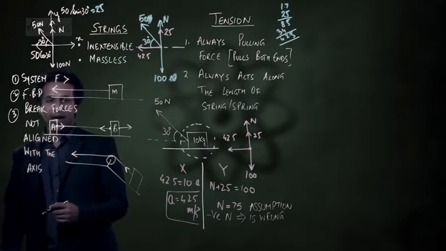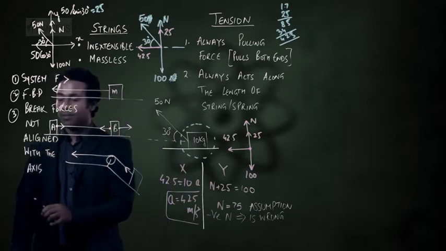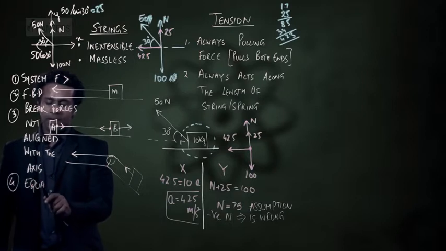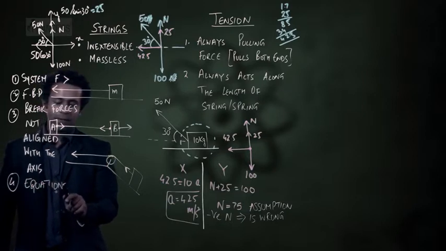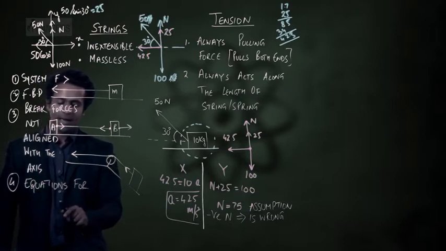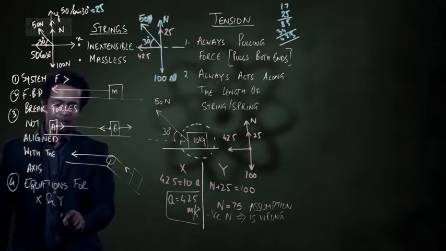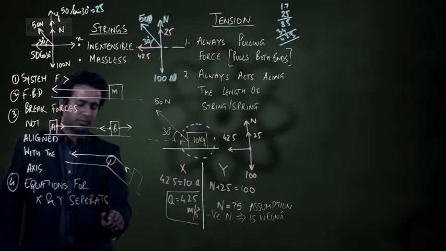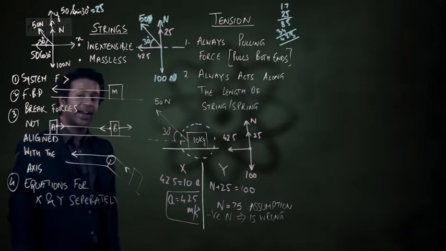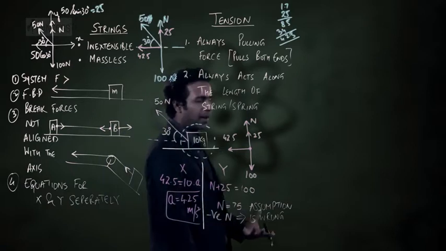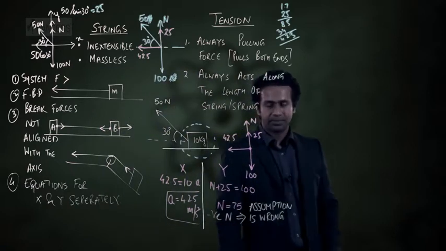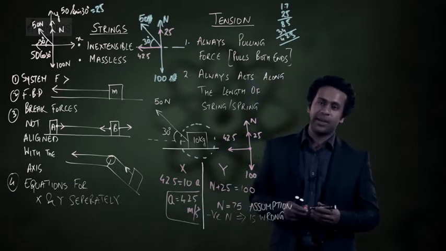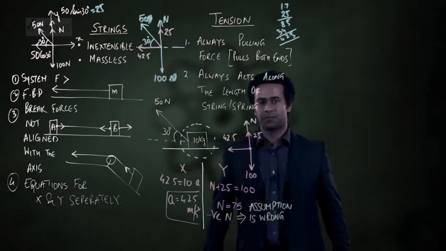Once you do that, you have a simplified free body diagram, after which you write equations for x and y separately. And when I say write equations, I basically mean apply the second law of motion. So these are the 4 steps that we always repeat whenever we are analyzing forces.